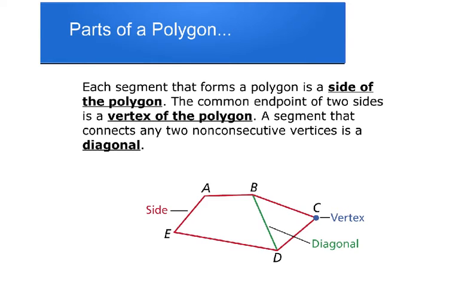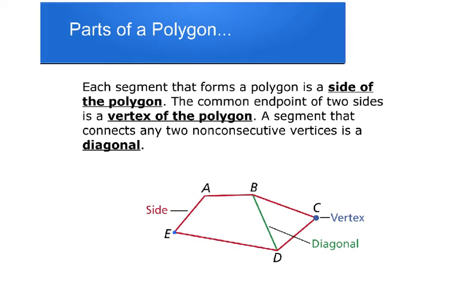A line segment that connects any 2 non-consecutive vertices is a diagonal. Okay, so as long as the 2 vertices aren't connected together to form a side, that is known as a diagonal. So like BD, that is the diagonal. I'm going to draw in some more for you.